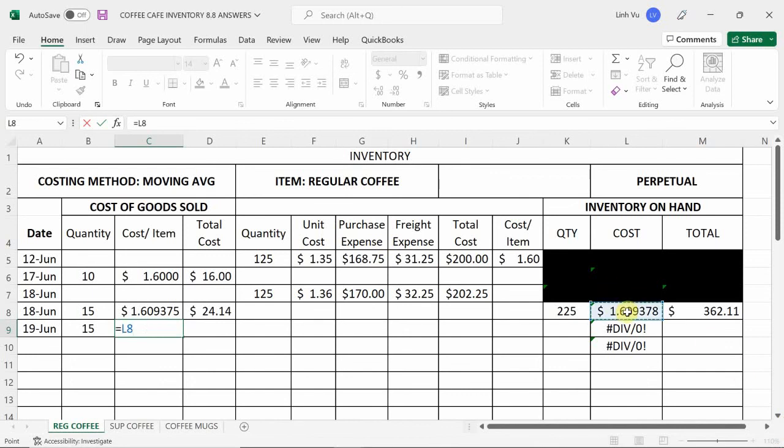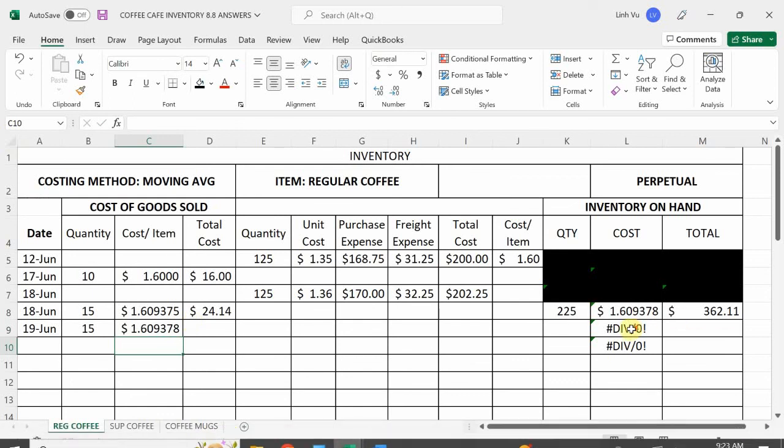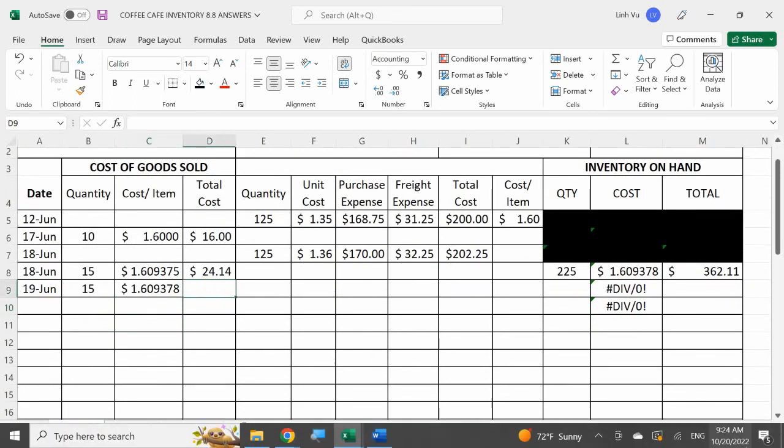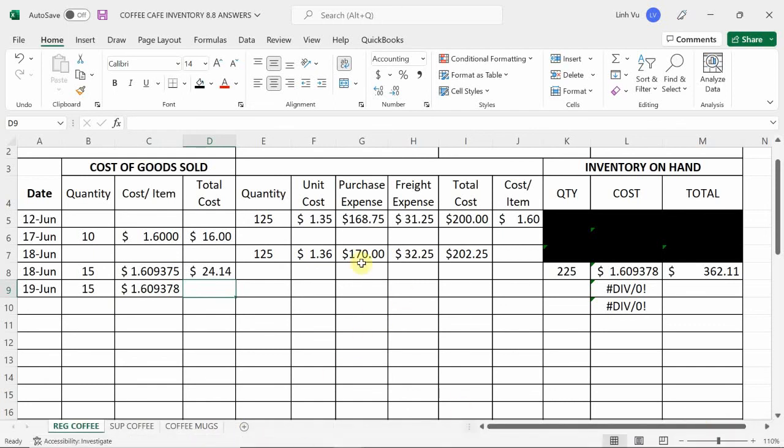Okay, so therefore, what is my total cost of goods sold?